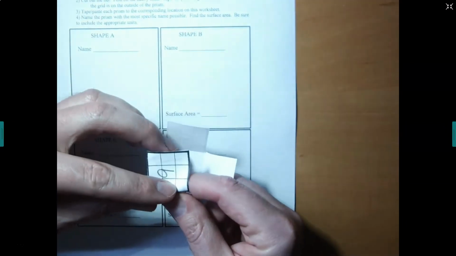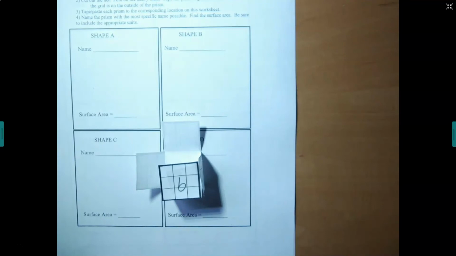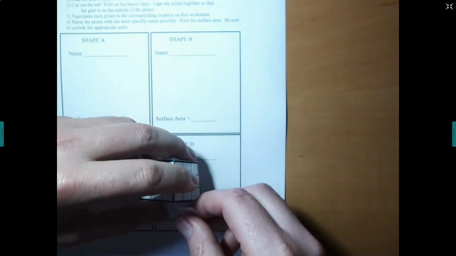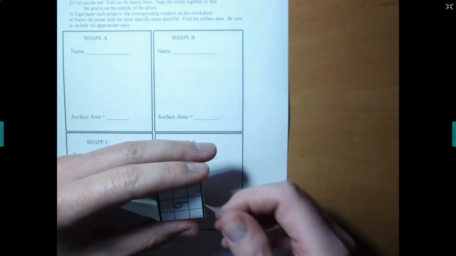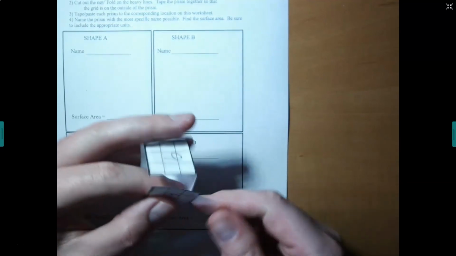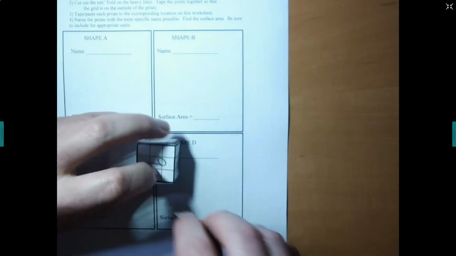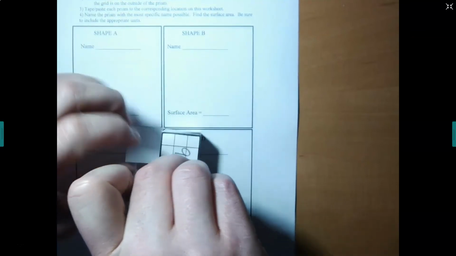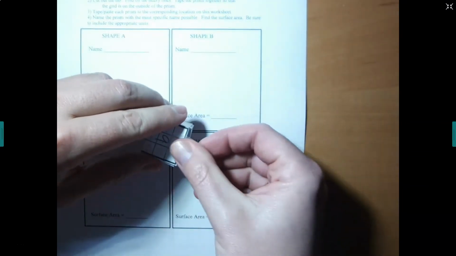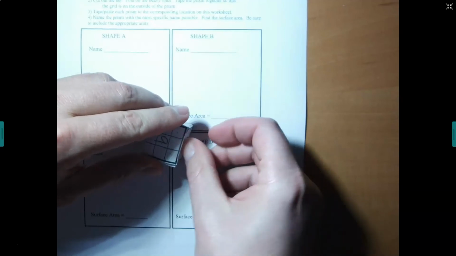Right, there's one. I knew I could get the best tape job ever. It's just getting it so it puts together. I'm finding this a lot harder than I thought it was going to be, but you have smaller hands than mine, so it's easier for you. Right, one last little piece right there, bam, and it's on.